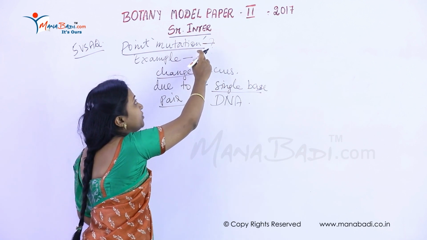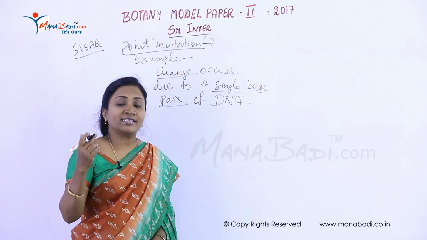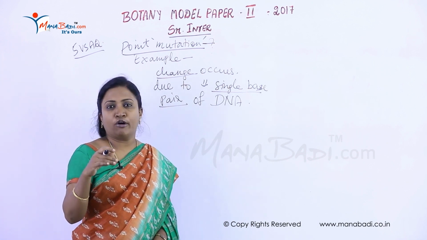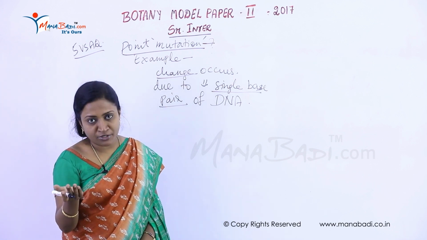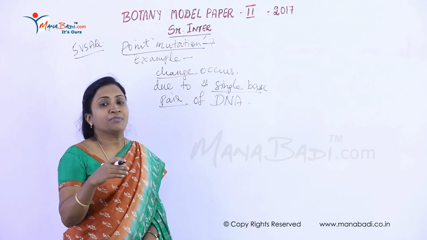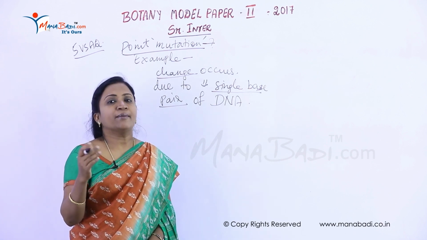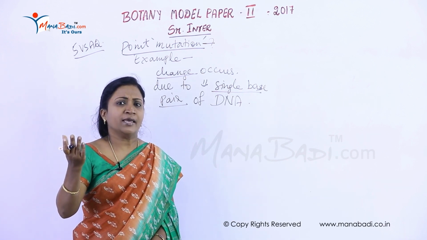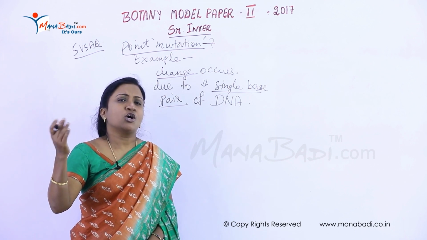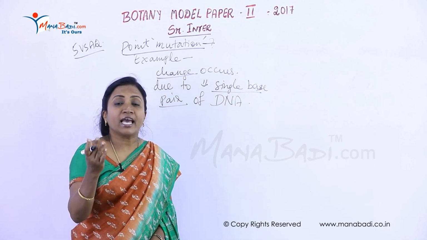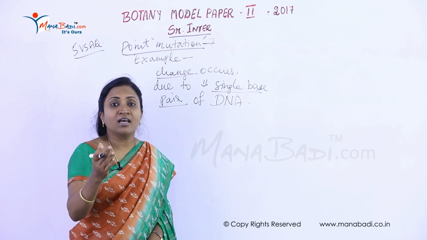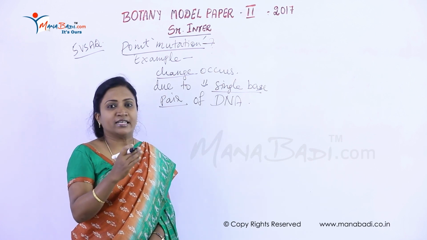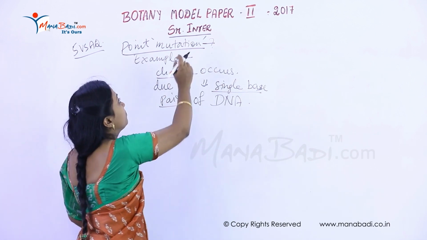Mutations can be artificial or natural, caused by different agents such as X-rays or UV rays. These are abiotic factors which are capable of bringing about mutations.